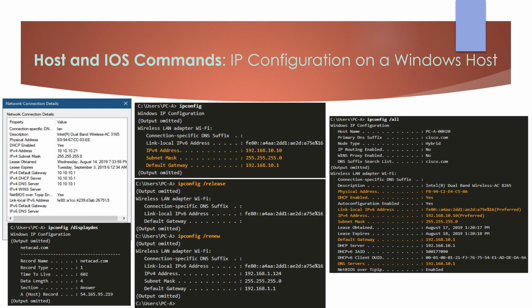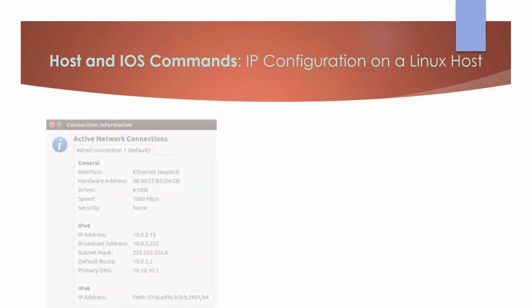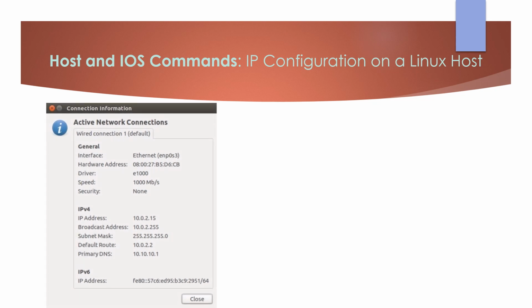Verifying IP settings using the graphical user interface on a Linux machine will differ depending on the Linux distribution and desktop interface. But here in this figure, it shows the connection information dialog box on the Ubuntu distro running the GNOME desktop. As you can see, the IP address, subnet mask, default gateway, and the DNS.